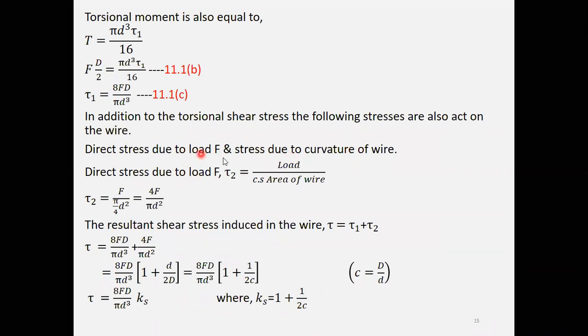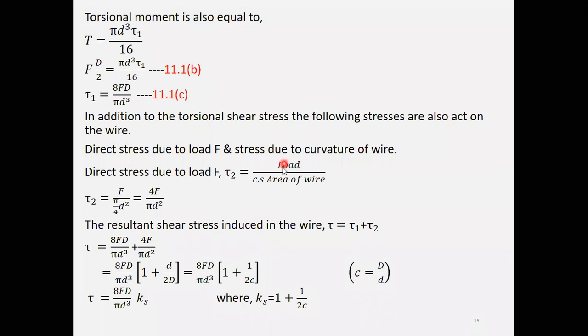Now I am going to consider the direct stress due to the load. How are you going to find the stress? Stress is nothing but load divided by cross-sectional area. Therefore, direct shear stress, tau 2 I will take, is equal to load divided by cross-sectional area.